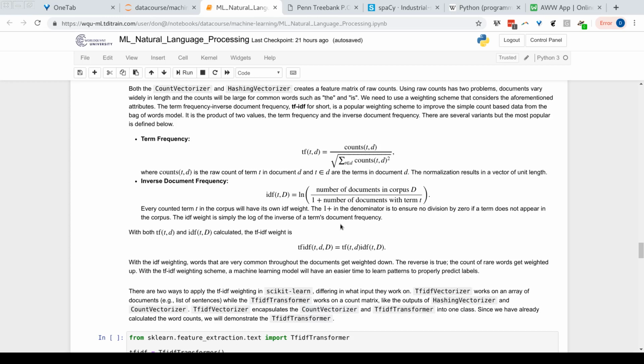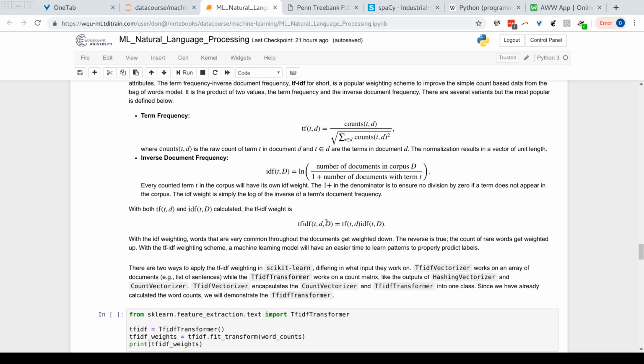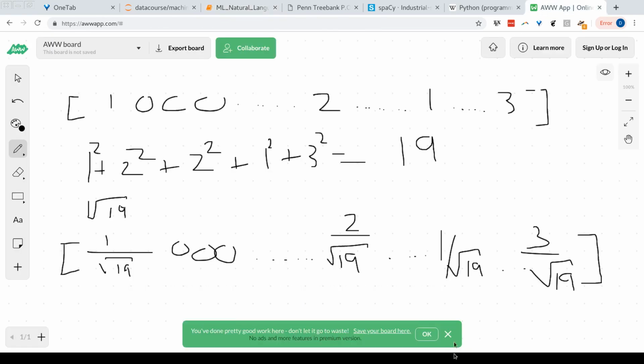So once we generated term frequencies for each row, for each document, for each observation, then for each individual word, we'll multiply its term frequency by its IDF score. That product of the term frequency and the IDF score is what is called the TF-IDF value. So going back here, I know it's getting a bit messy.